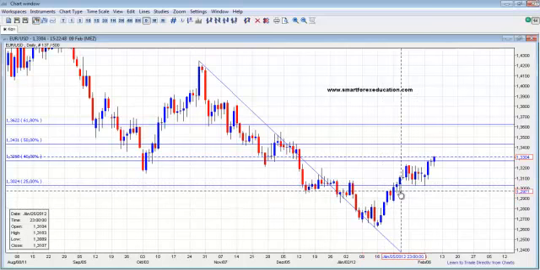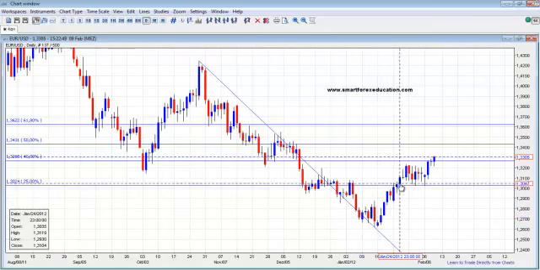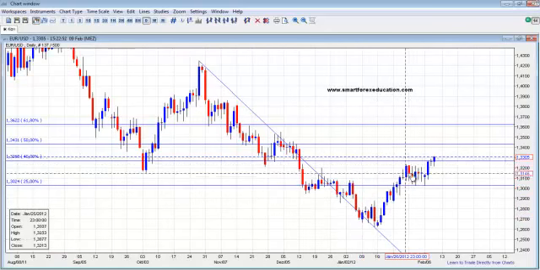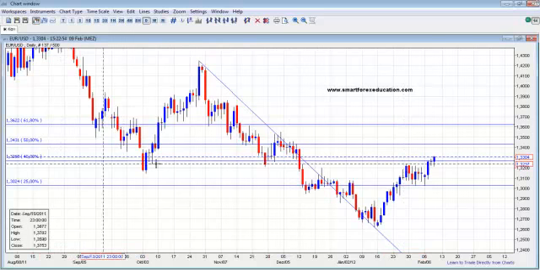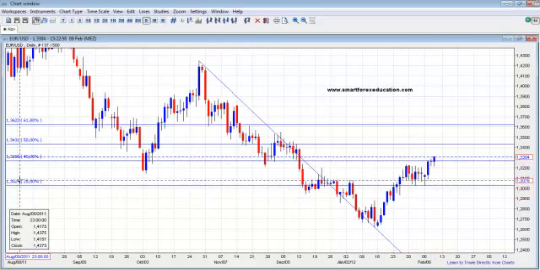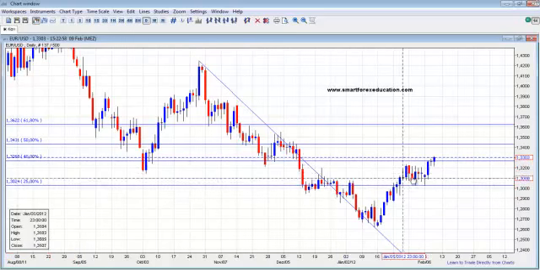Taking that into consideration, the price broke through the 25% level, so the next level we're looking for, guys, will be the 40%.